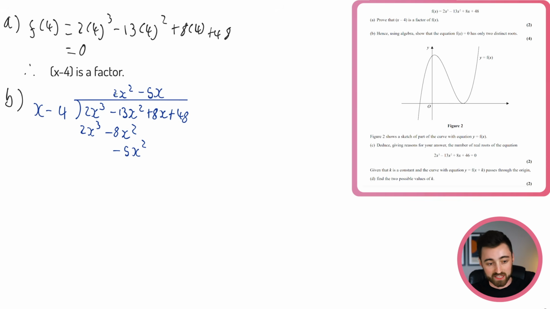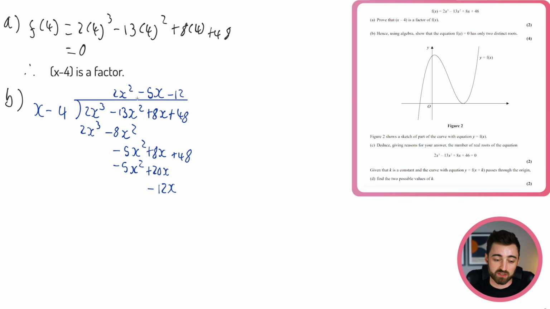Multiply it through, so minus 5 times x is minus 5x squared. Minus 5x times minus 4 is plus 20x. Now I've still got this stuff from down here. Take them away. That cancels. 8x minus 20x is going to be minus 12x. Again, how many times does x go into minus 12x? Minus 12.